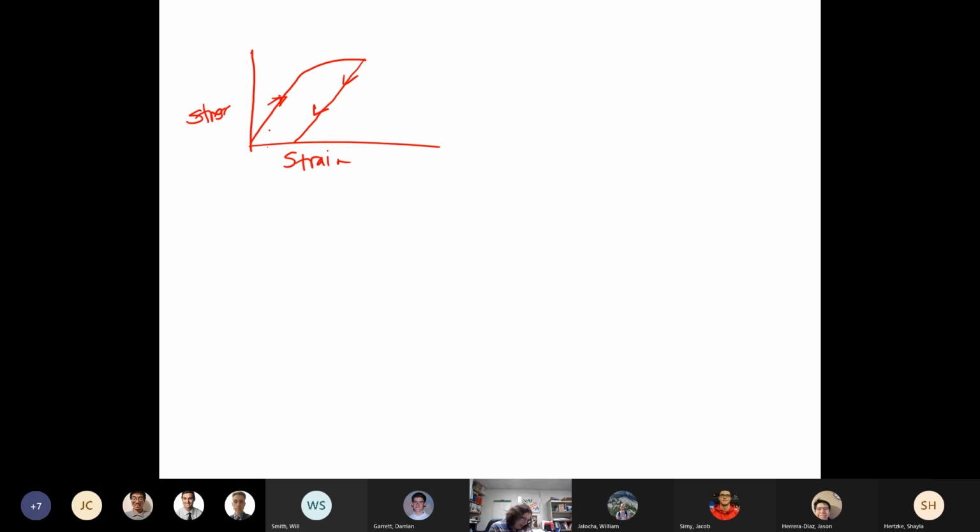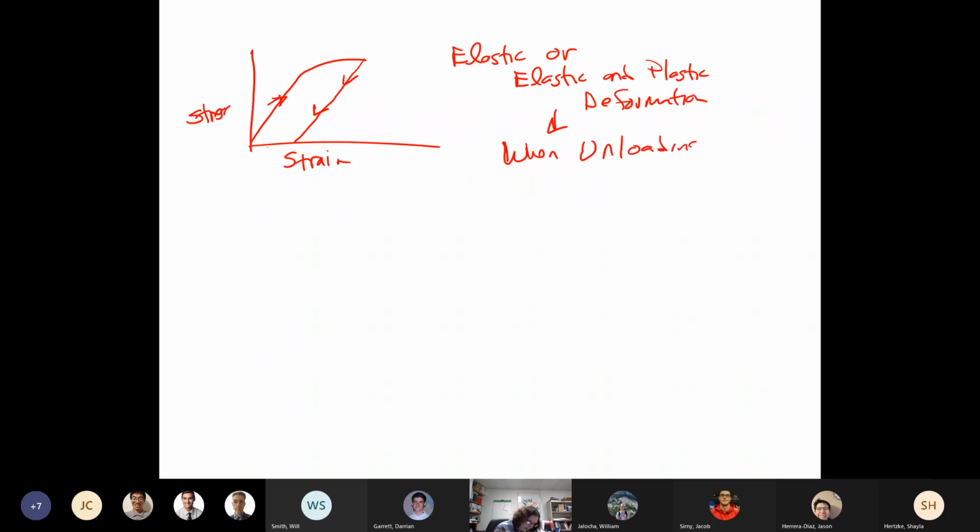This is an exaggeration, but what we recognize is that whether we have elastic and plastic deformation, when we have unloading, the elastic deformation is recovered. And again, that is called spring back.